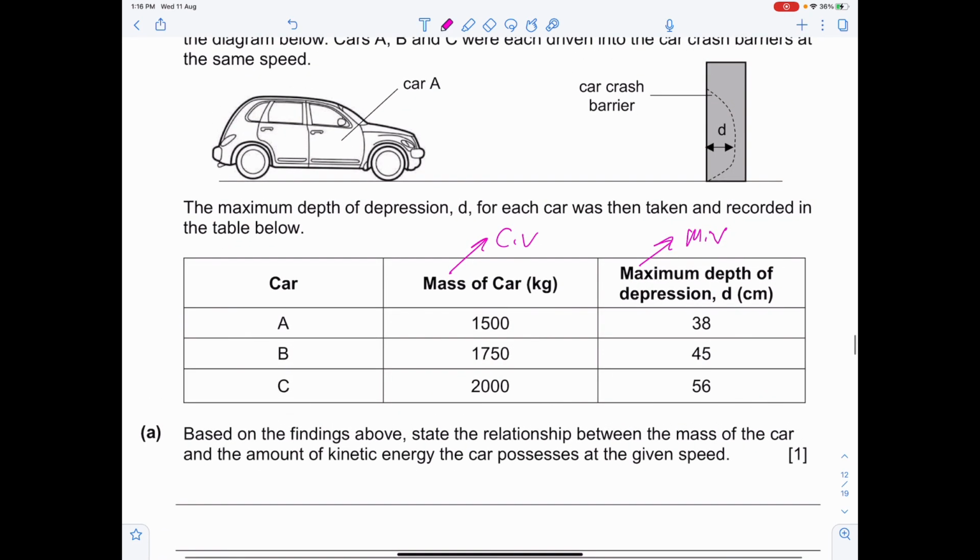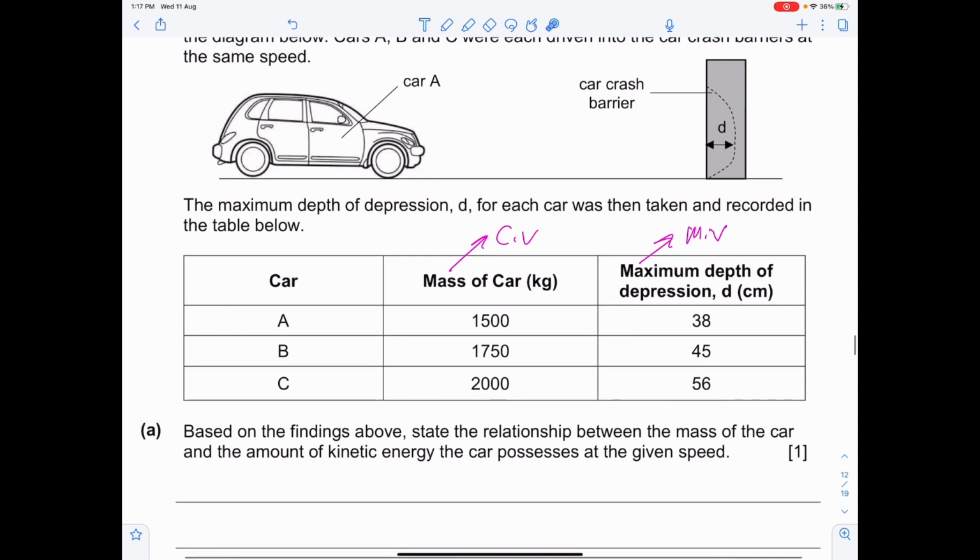So as you know, over here is your depression. Ask yourself, why is there a greater depression? In order to make a greater depression, you need to have greater KE, kinetic energy. The greater the kinetic energy, the greater the depression would be. That is the reason why.